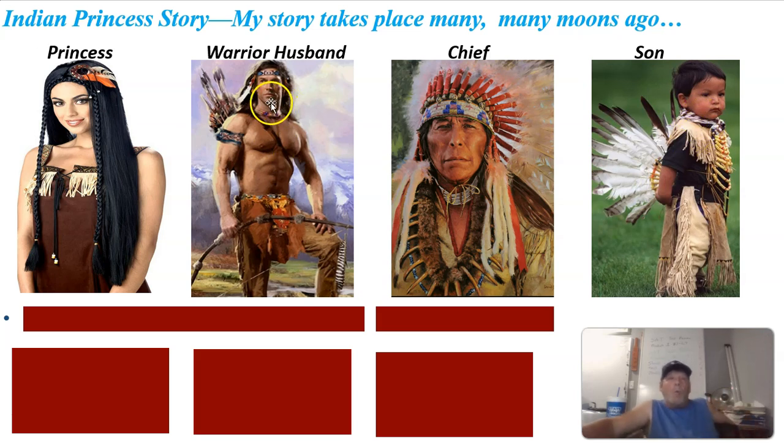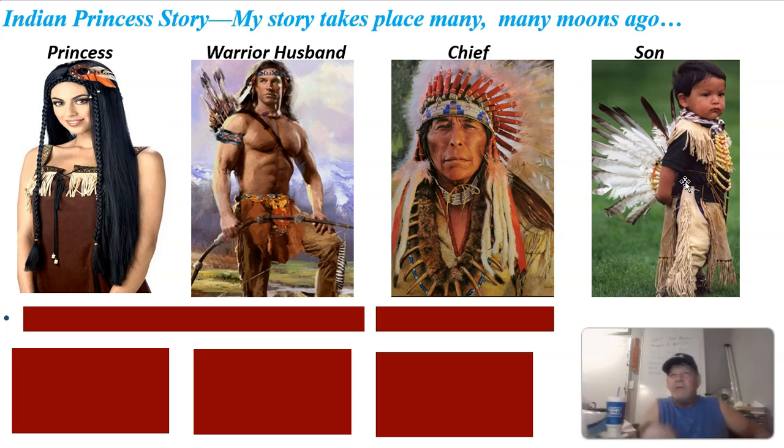So one day, when the warrior husband and all the other young men who were fit and able to go out on the big hunt before winter were out hunting, all the children were home with the females, which included the princess, and the elderly, which included the chief, who weren't able to go on the hunt. So these children were out playing, running through the woods, and they spooked up a deer.